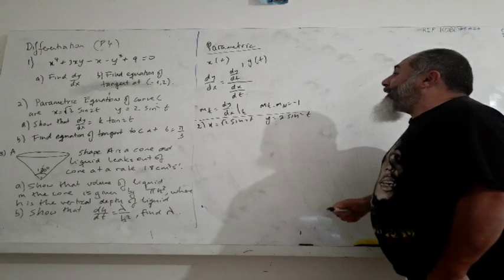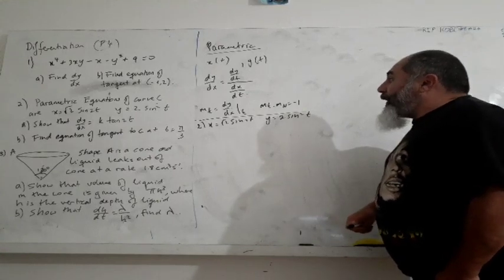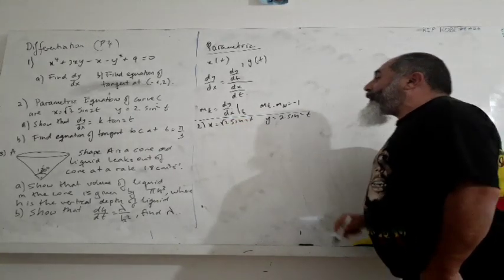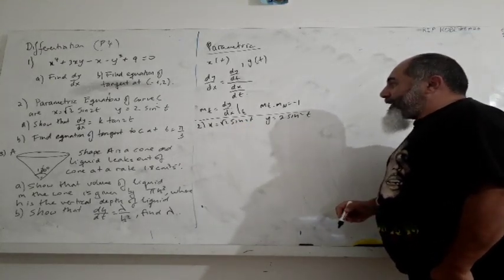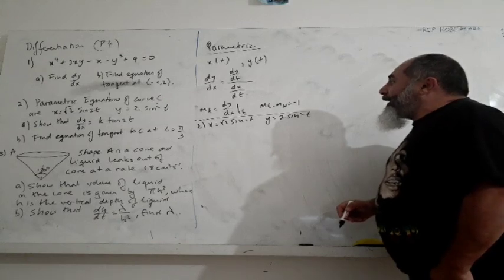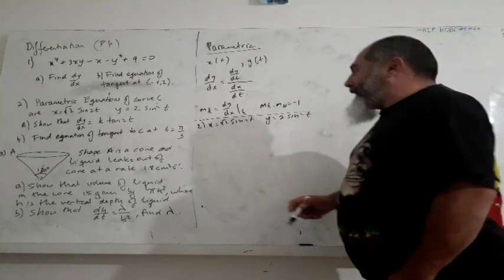Also, we have to remember the trigonometric identities to simplify the expressions. First of all, let's find dx over dt.